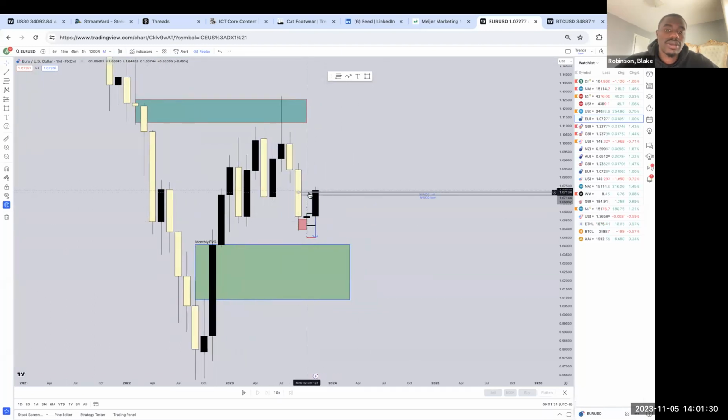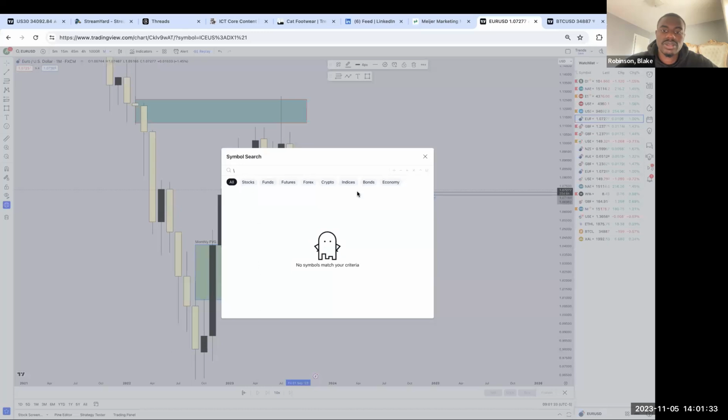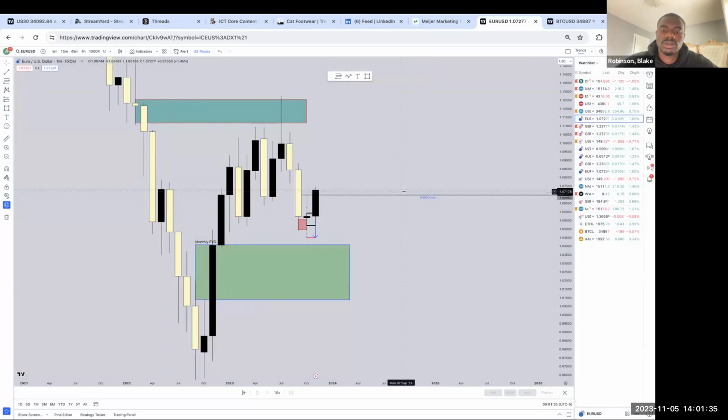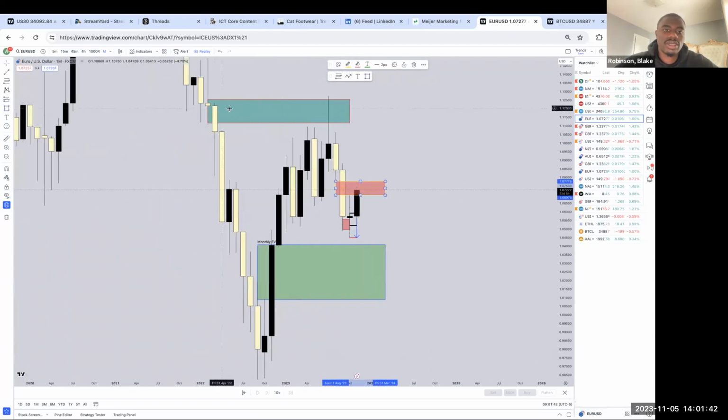Okay, so we traded into this imbalance right here. That was from this low to this high, right?